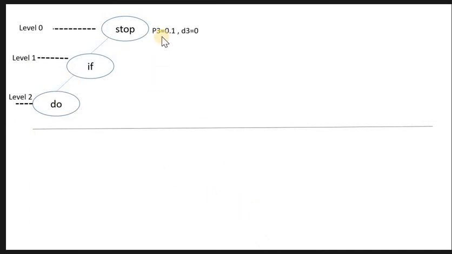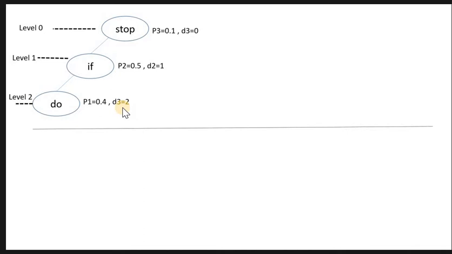Then you know the probability of accessing the stop is 0.1, and what is the depth of the stop? It is 0 because it is at level 0. The probability of accessing if is 0.5 and its depth is 1. The probability of do is 0.4 and D3, that is the depth of this, is 2.